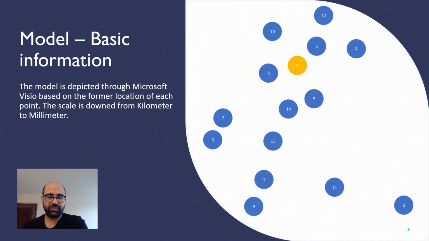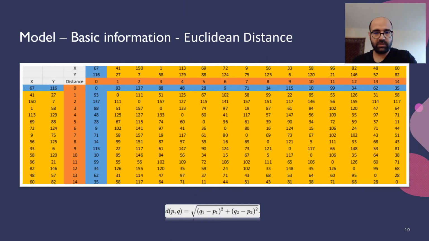Based on the former table, the locations of the guests and the party have been depicted through Visio. In the next step, the Euclidean distance has been calculated for each of the locations.